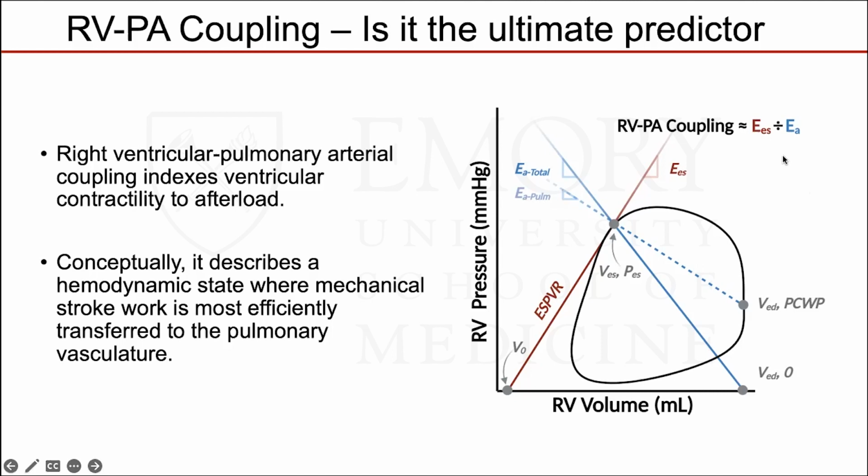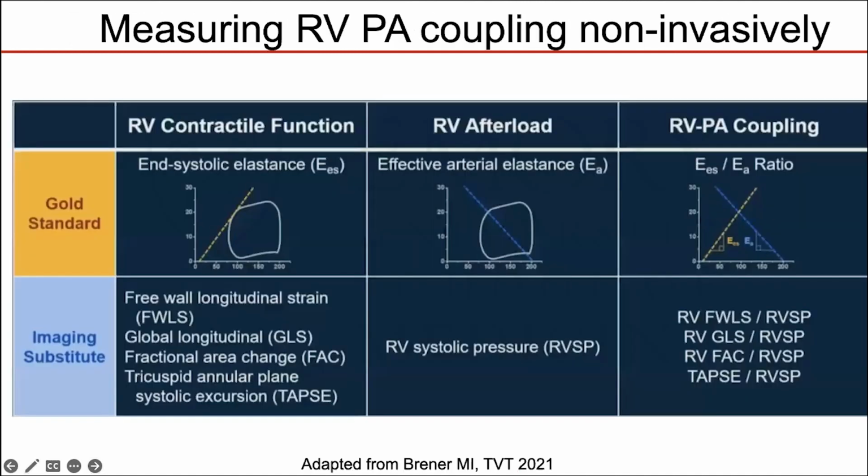It is calculated by the ratio of ventricular elastance and pulmonary arterial elastance. Traditionally, it was always measured with an invasive PV loop, but now there are some non-invasive surrogates that can be measured with echo of this parameter that are being used. The most common one being used is TAPSE over PASP or RVSP.